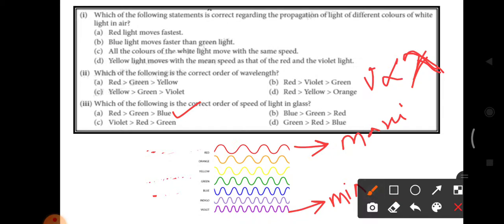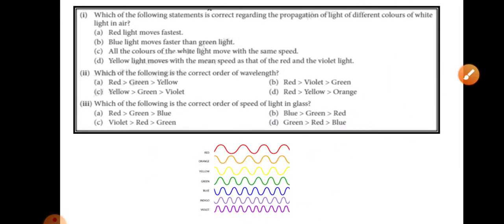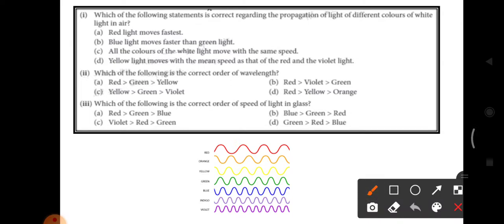Blue, green, red. This is wrong because the red moves fast. The next one, violet. This is also wrong because the violet has the minimum speed.